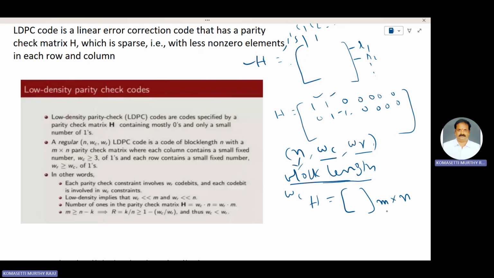And each row contains a small fixed number of ones, that is WR, the weight of the row. WR, the number of ones in each row, is greater than WC.